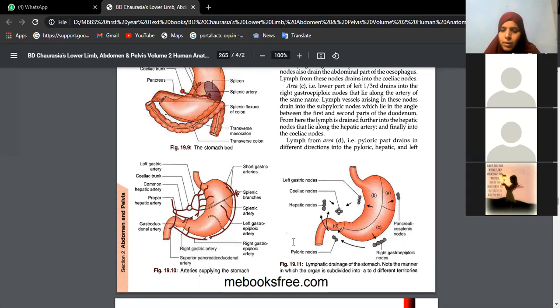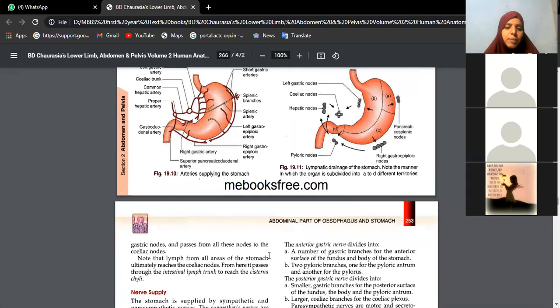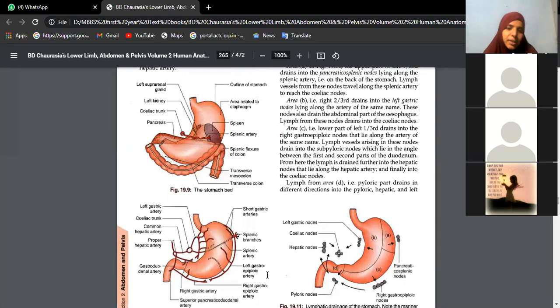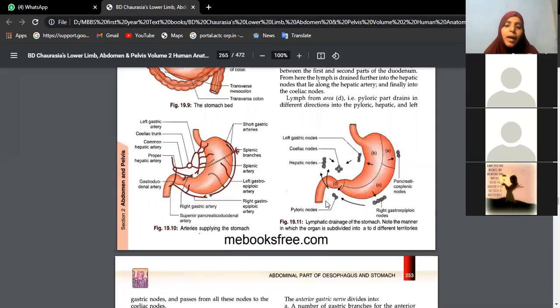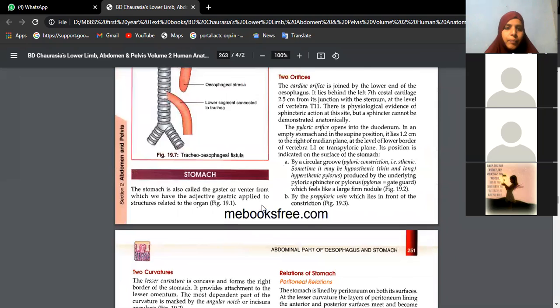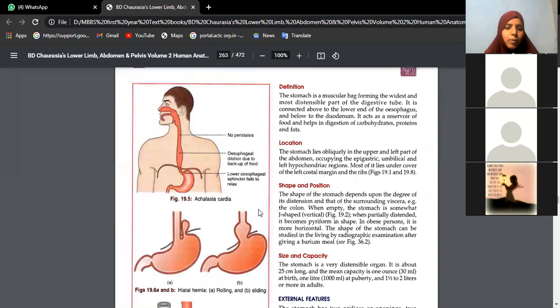Applied aspect: you can talk about gastric ulcer, peptic ulcer. What is the difference? If you find ulcers along the lesser curvature of the stomach, why is the lesser curvature more prone? Because of the contents from the esophagus passing through the gastric canal of Magenstrasse.